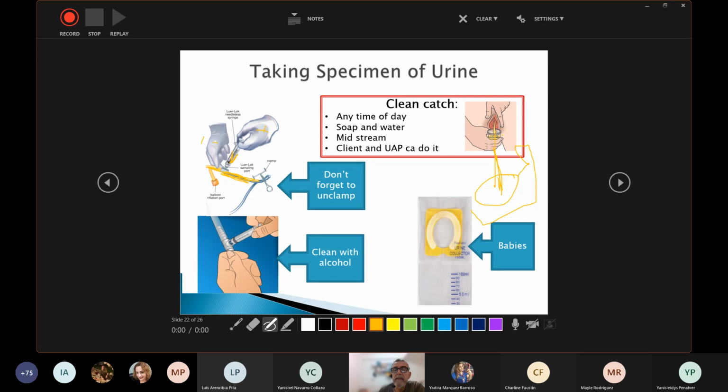Then the middle of the stream is going to be collected in a sterile container. Never touch inside the container or touch the lid from inside. Don't put your finger inside. So put the lid upside down on the surface, and then grab the lid and cover the container and send that to the lab.